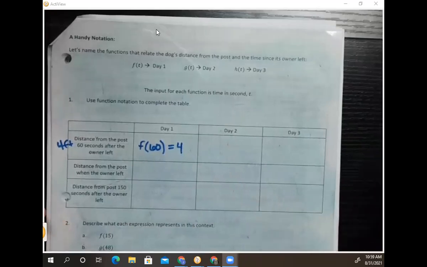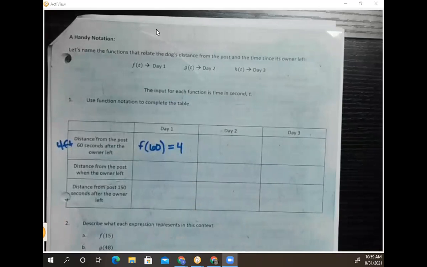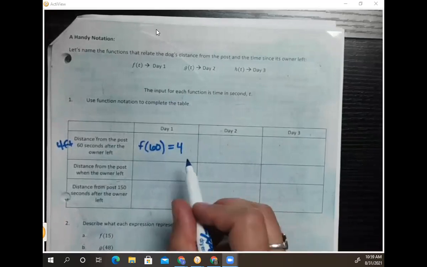So this is a function notation way to say that on day 1, 60 seconds after the owner left, the dog was 4 feet from the post. So I could say that big long sentence, or I could say f of 60 equals 4. And I'm saying the same thing. I get the same information across. The difference is that this is way shorter.